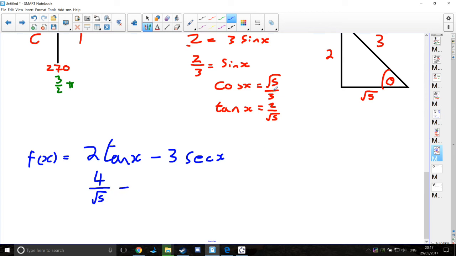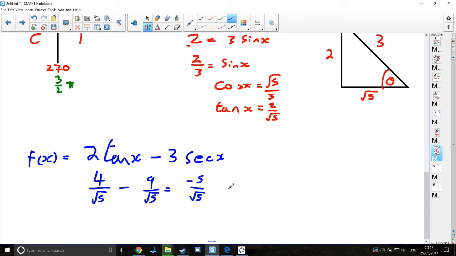3 sec x, well that's 3 lots of 1 over cos x. So that is 3 times 3 is 9 over root 5. So that is now going to be minus 5 over root 5.